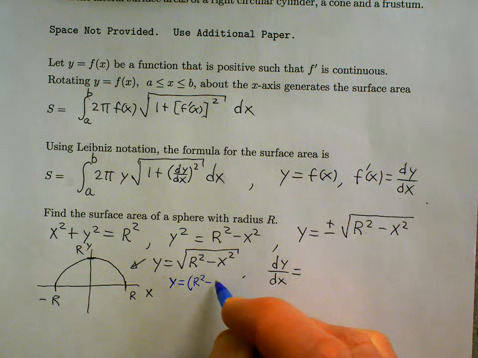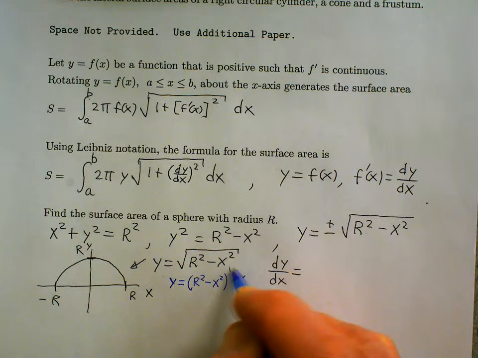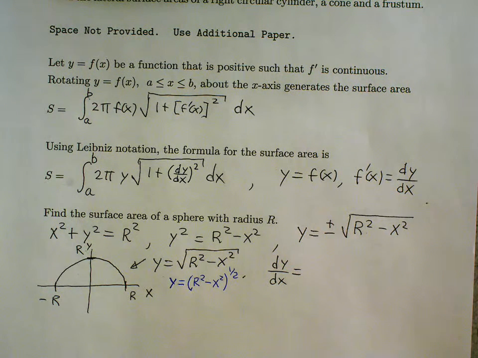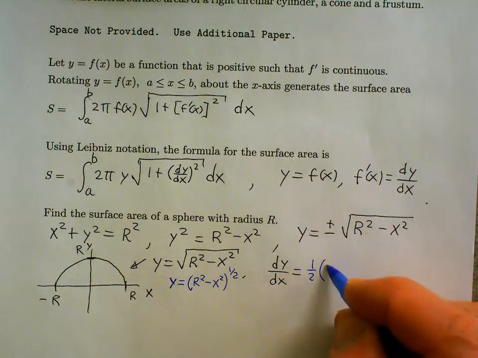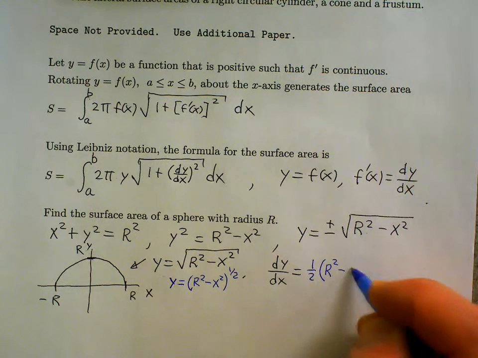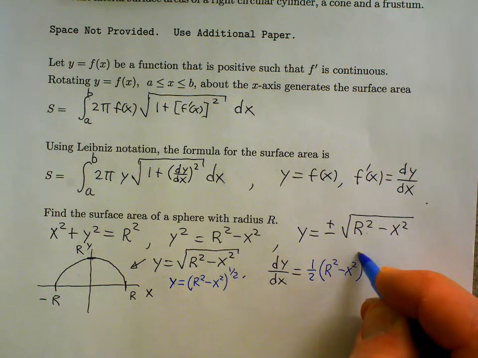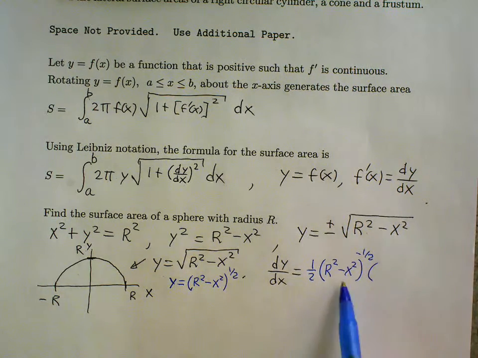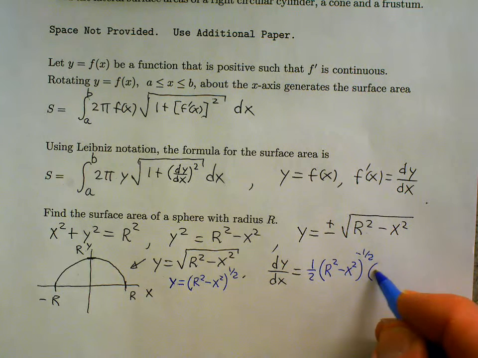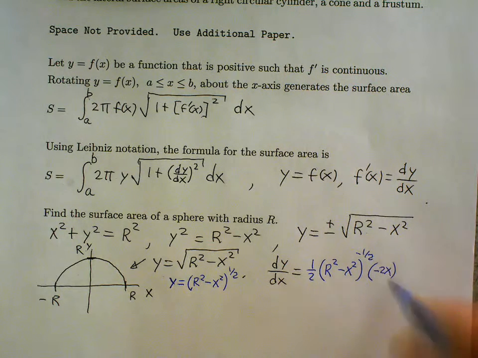So r squared minus x squared to the 1/2. And when we take the derivative, we get 1/2 times the quantity r squared minus x squared to the negative 1/2, and then multiplied by the derivative of the expression on the inside with respect to x, which is negative 2x.